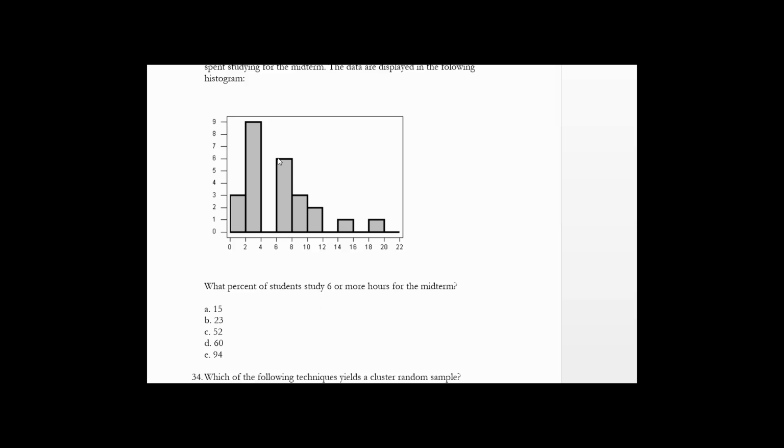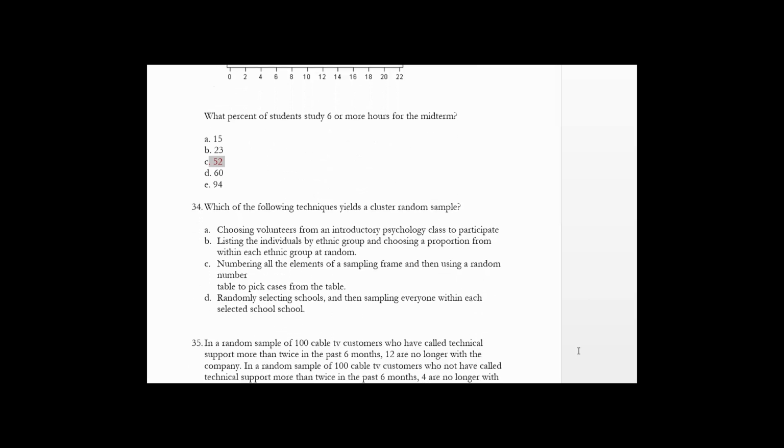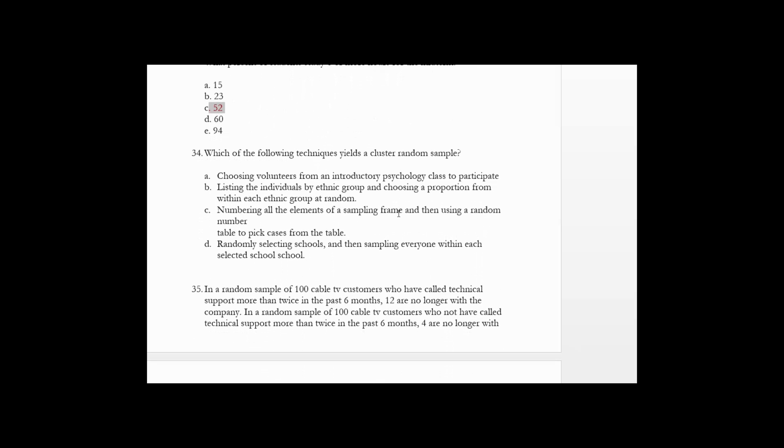And I could just add 6 plus 3 is 9, plus 2 is 11, plus 1 is 12, plus 1 is 13. So it's going to be 13 out of 25, and that's going to be 52. The other thing you could have done is just said there, out of 25, there's 3 in this class and 9 in that, and that's 12, so at least 13 over there. In either case, it's 13 out of 25 is 0.52.